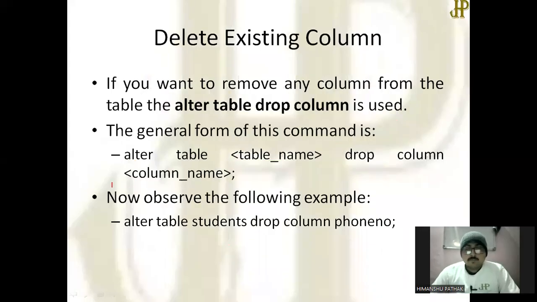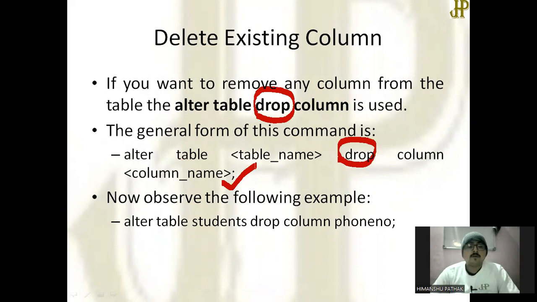Now, the last part of the alter command, that is if you want to delete an existing column permanently, then you have to use the drop clause in alter. How? Alter table name, then the drop clause is to be used, column, and then you have to supply a particular column.